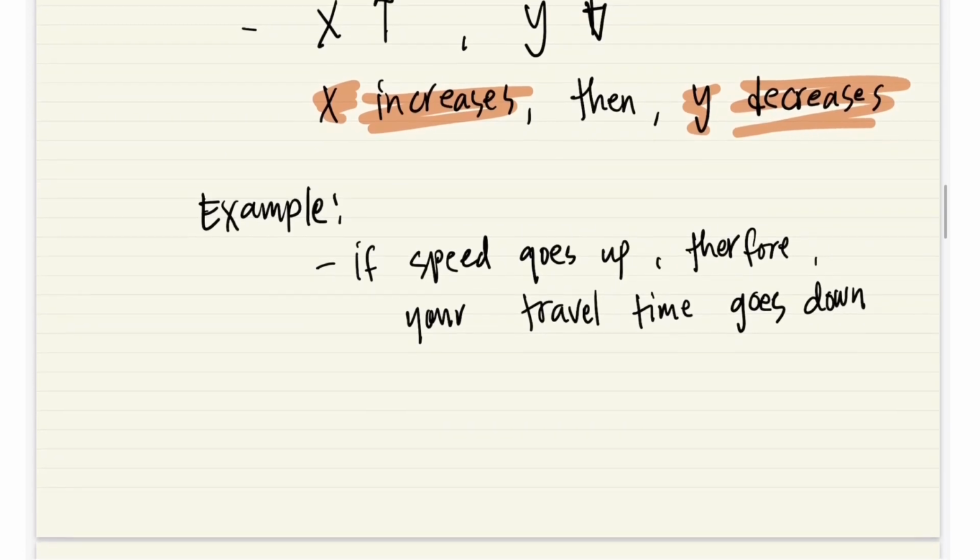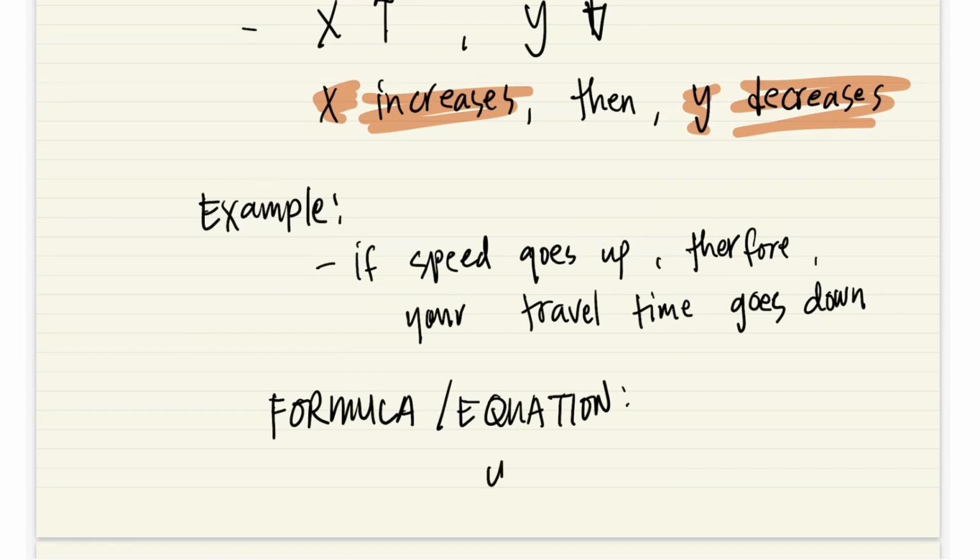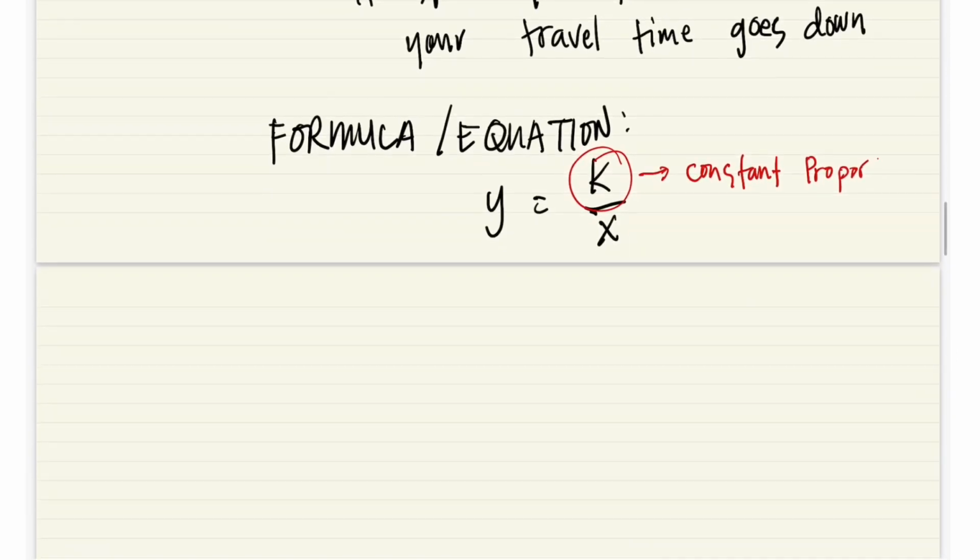That's an example. So the formula or the equation would be y is equals to k over x. Again, what does this k stand for? This is our constant of proportionality, k here. So the formula will be y is equals to k over x.